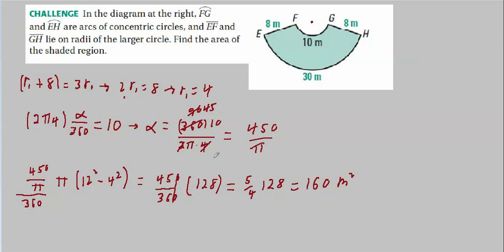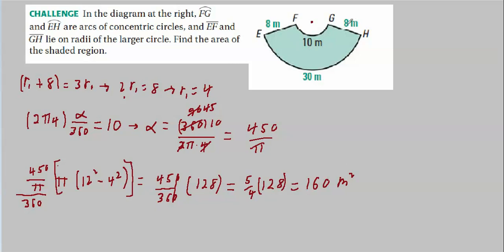That's the same as 5 over 4, right? 5 times 9 and 4 times 9. And, well, parentheses might make this more obvious. Times the 128, and that's 160 meters for the shaded region. This part here would be the area of the entire annulus all the way around.